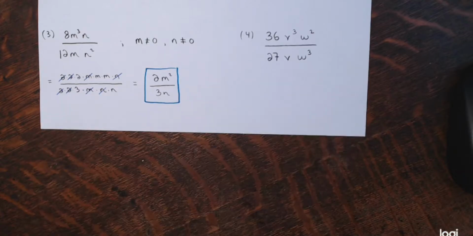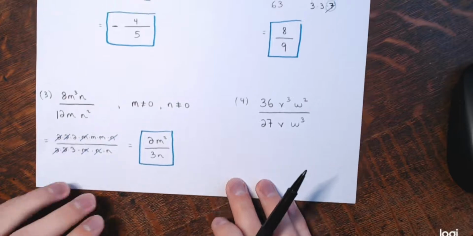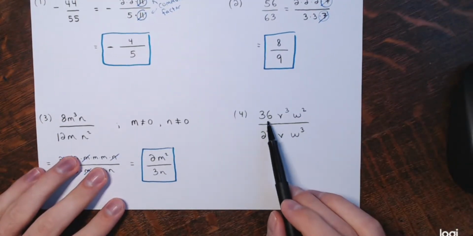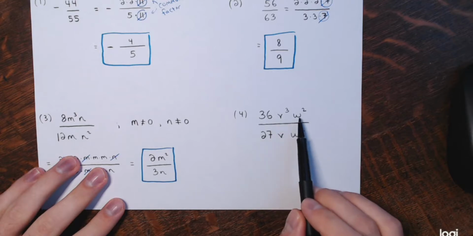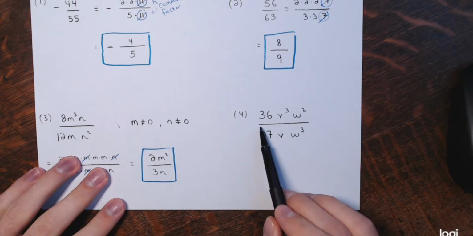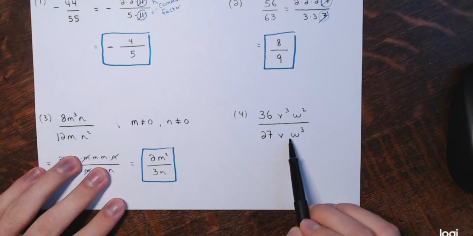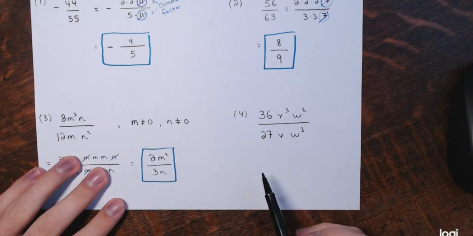Alright, so same kind of example, example 4. We have 36 times v cubed times w squared in the numerator, divided by 27 times v times w to the third.